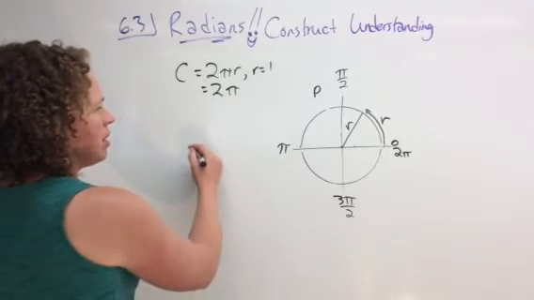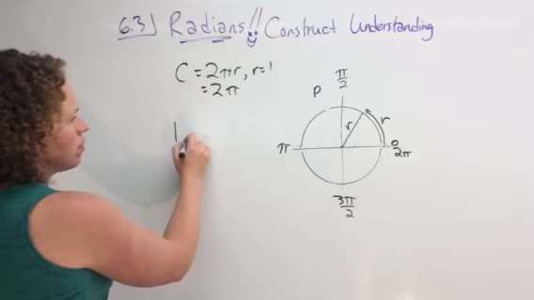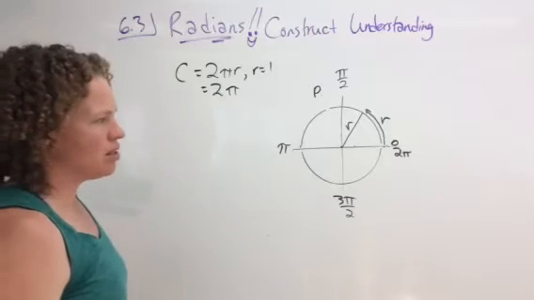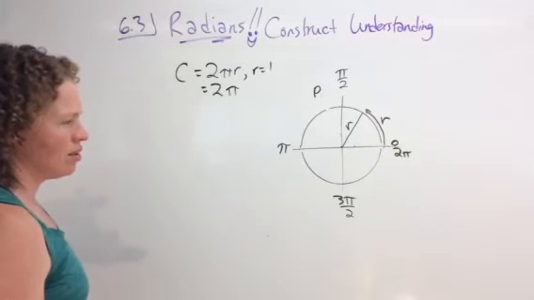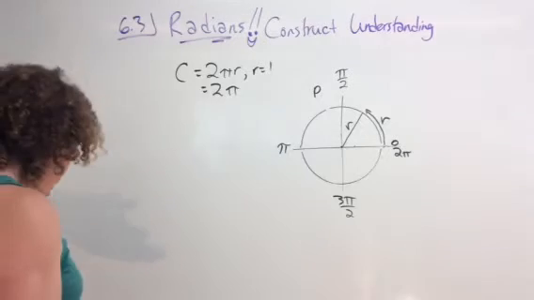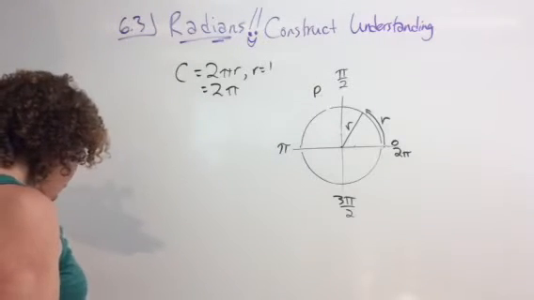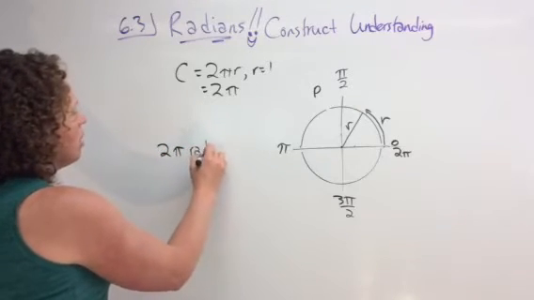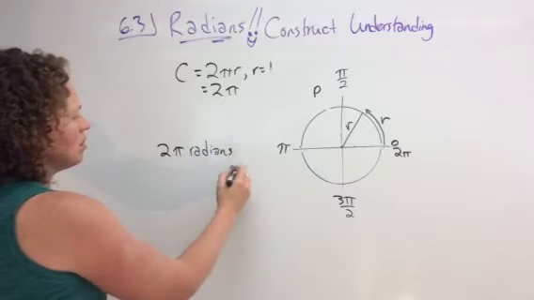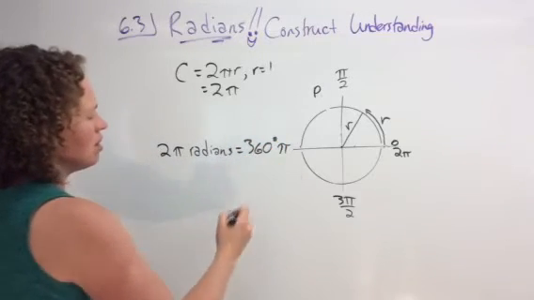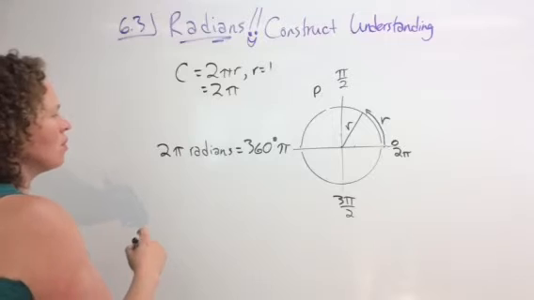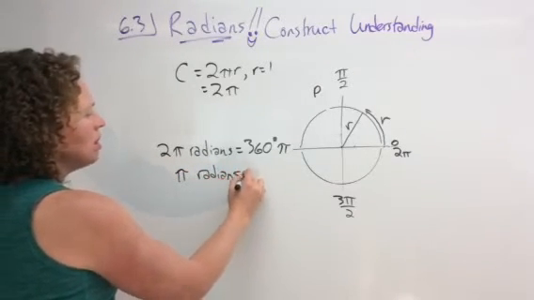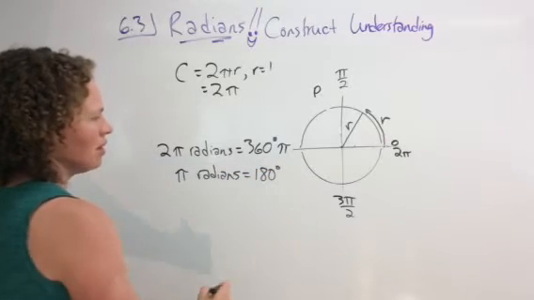So how many radians would we have in a circle? If I speak in terms of radians, I have 2 pi radians in a circle, which is equal to 360 degrees. So pi radians would then be equal to 180 degrees.